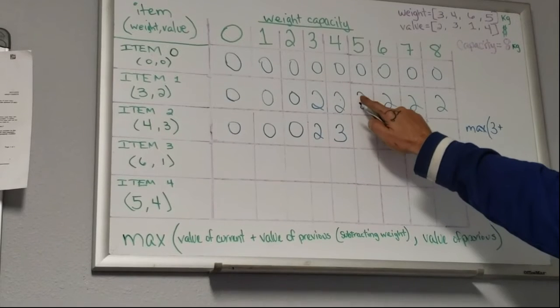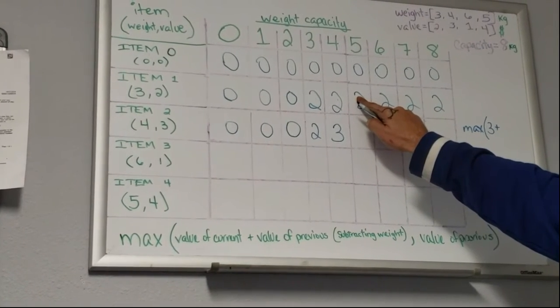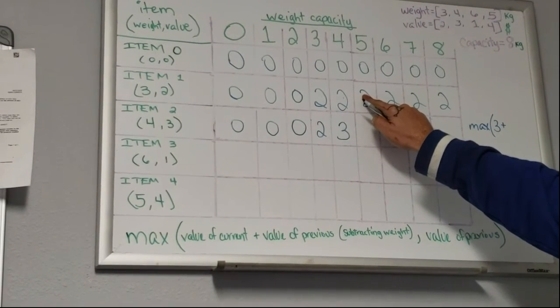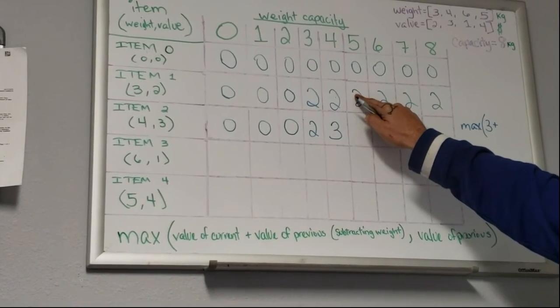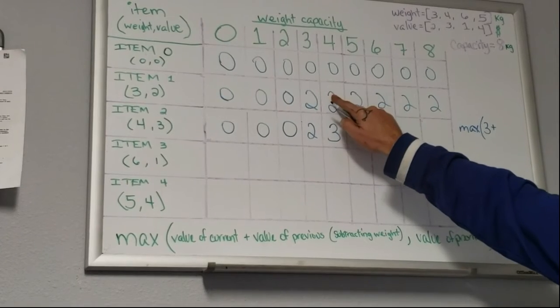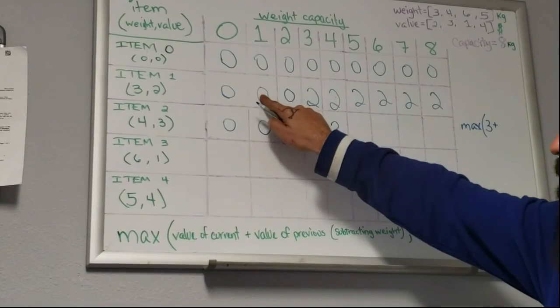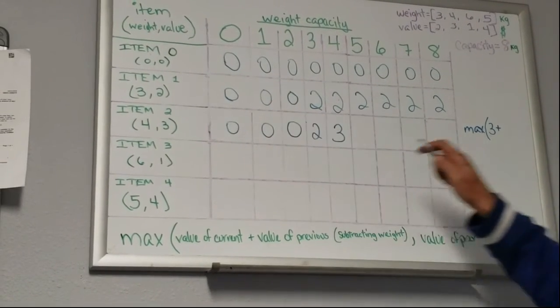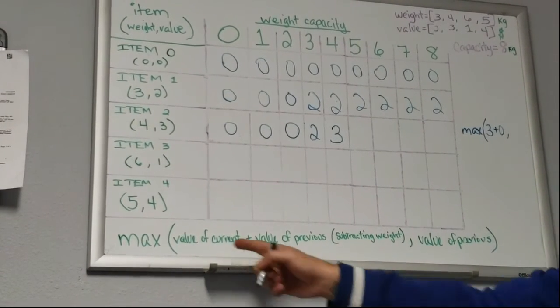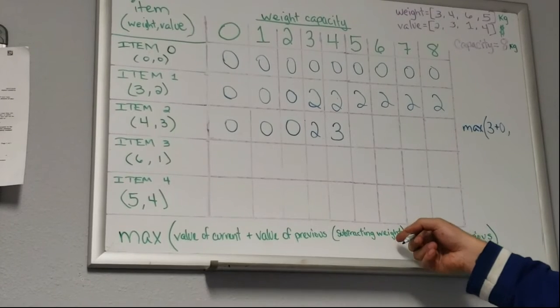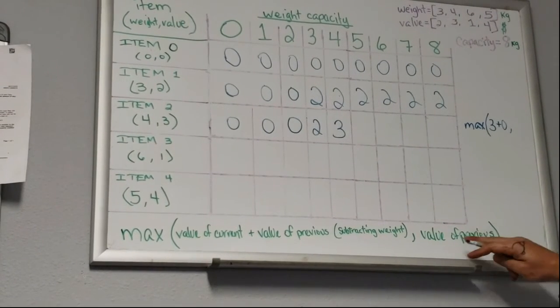So what we do is we point to the row of item 1, and we count back 4 spaces. 1, 2, 3, 4. Our value here is 0. This gives us our first value of our max function.